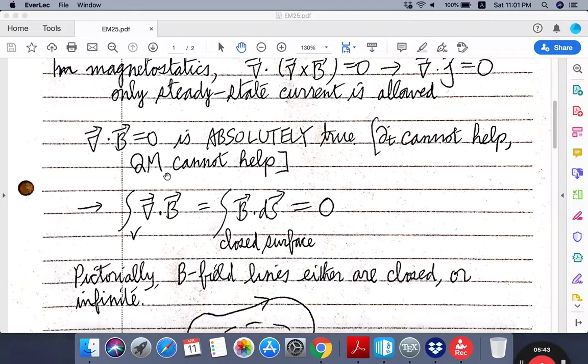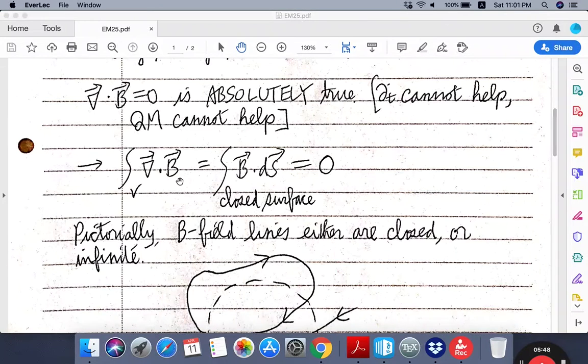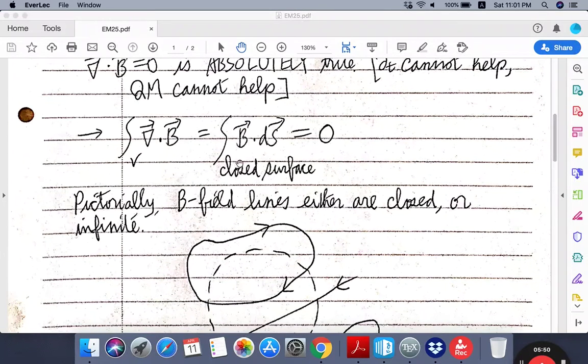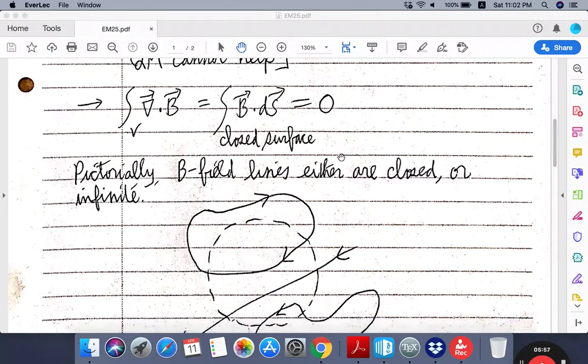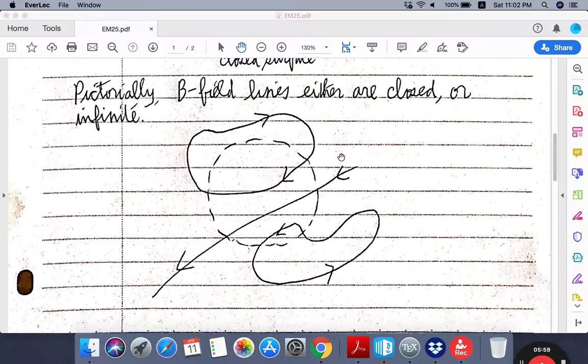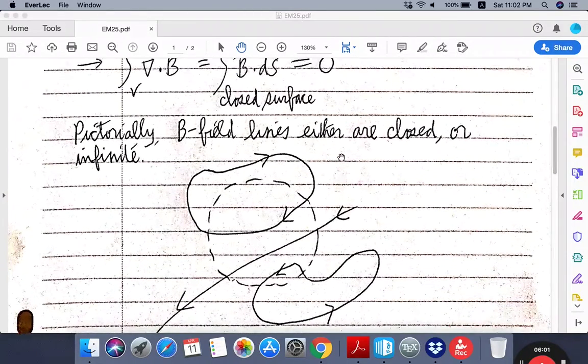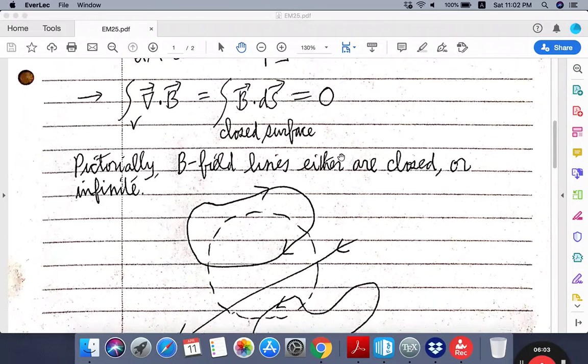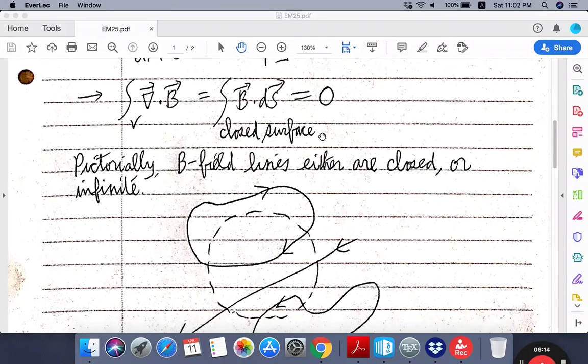And as a consequence, the volume integral of the divergence is zero, which means that the flux of the magnetic field through a closed surface is always zero. Now, there's a pretty simple pictorial way to represent this condition that there can be no net flux through the closed surface.